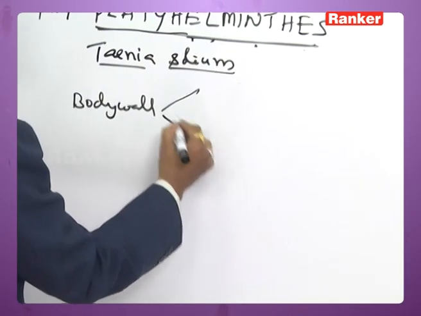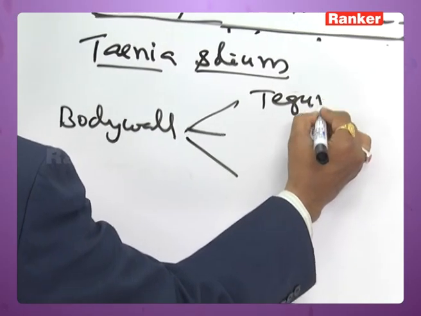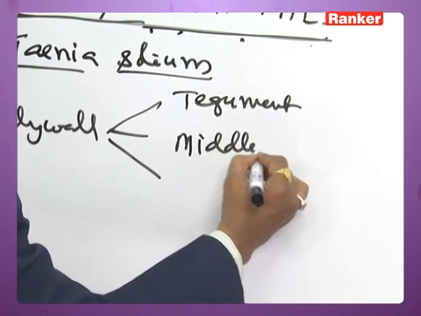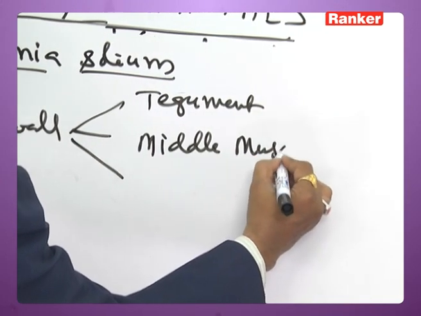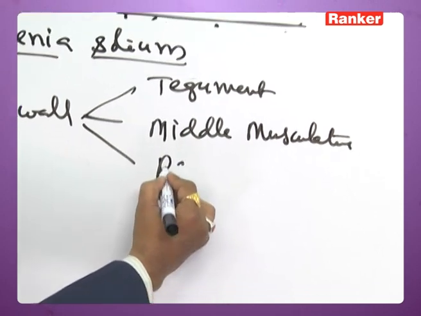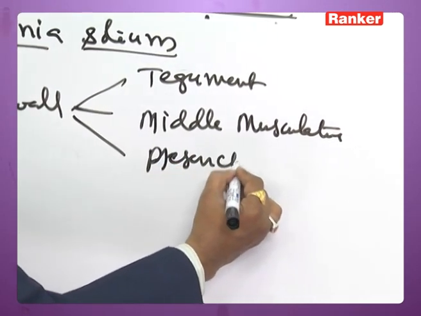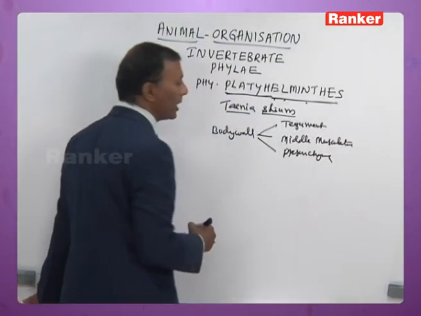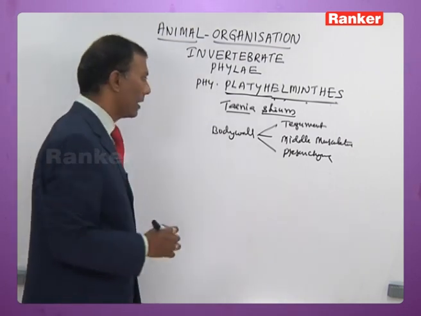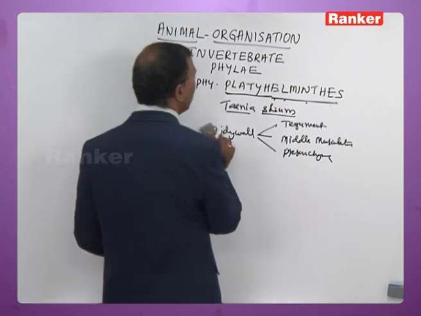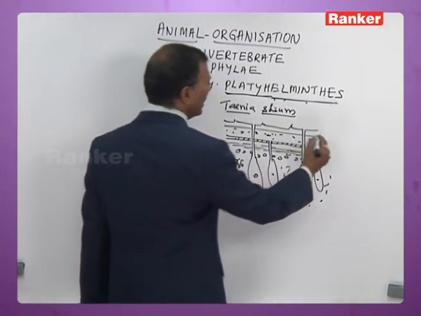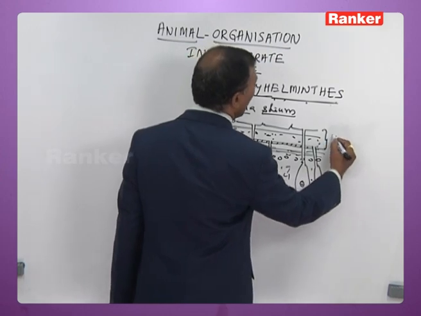The body wall consists of outer tegument, the middle musculature, and inner mesenchyme. So the body wall consists of tegument, musculature and parenchyma or mesenchyme. This is the body wall of Taenia solium. This entire zone can be identified as tegument.